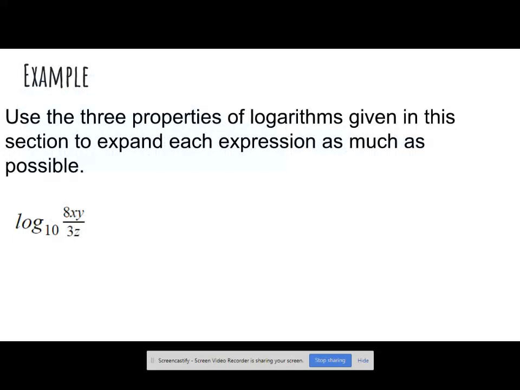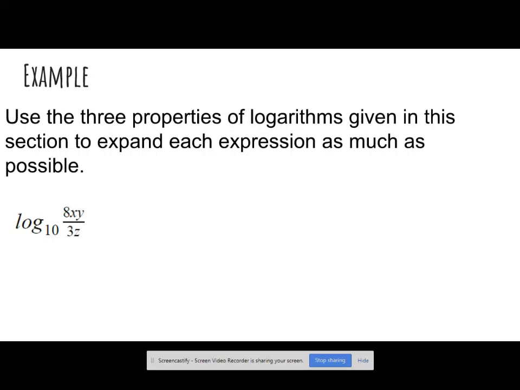One type of problem that you'll be asked to do on a test and on a quiz is to use those properties to expand things out. So if I'm giving you a logarithm right here, log base 10 of 8xy over 3z, you might be asked to expand this as much as possible into as many logarithms as you can. So instead of having it in one neat package, we're looking at expanding it out and blowing it up.